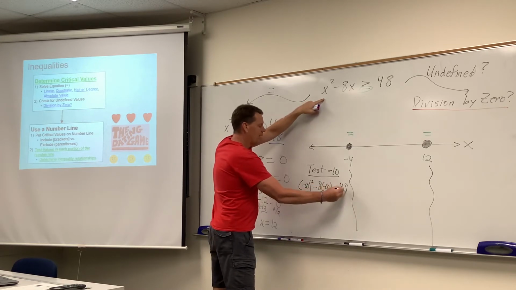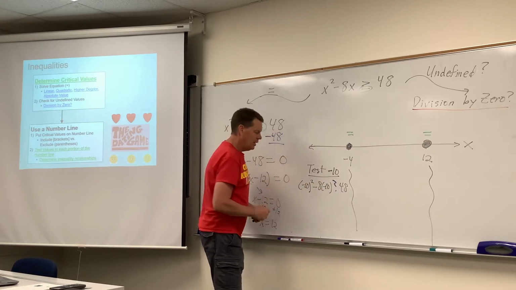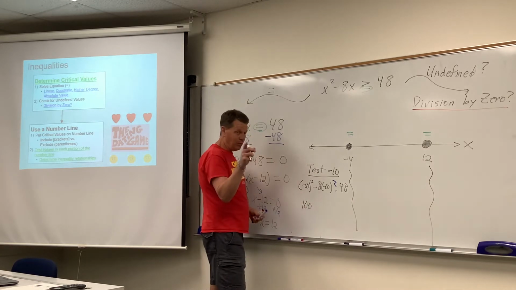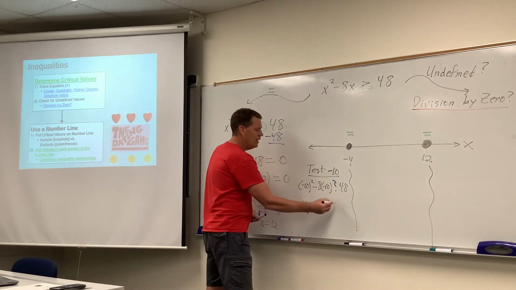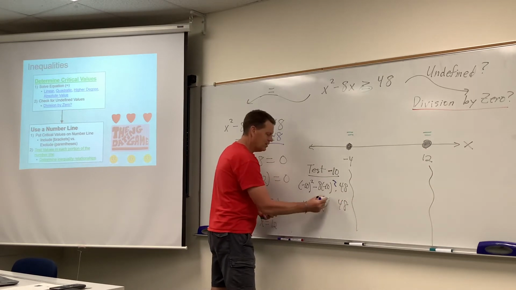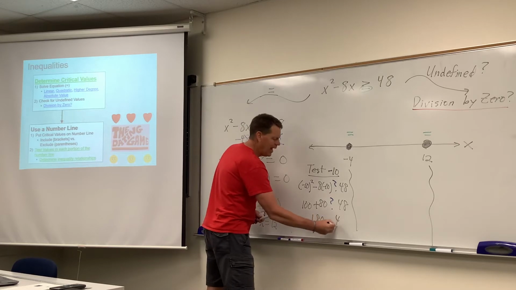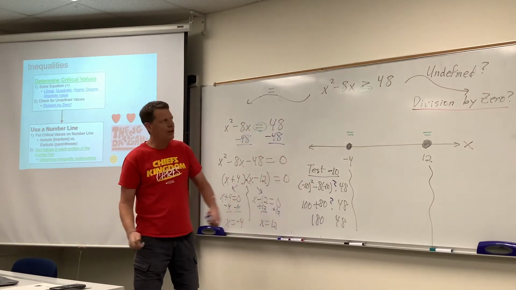And then we've got 48 on the other side, and it's really arithmetic. You crunch the numbers. So negative 10 squared is positive 100. Parentheses are important. Negative times negative becomes plus 80. 48. What's the relationship? Well, this side's 180. Do all the math, right? Crunch this side, crunch that side. Get two numbers, see how they're related.